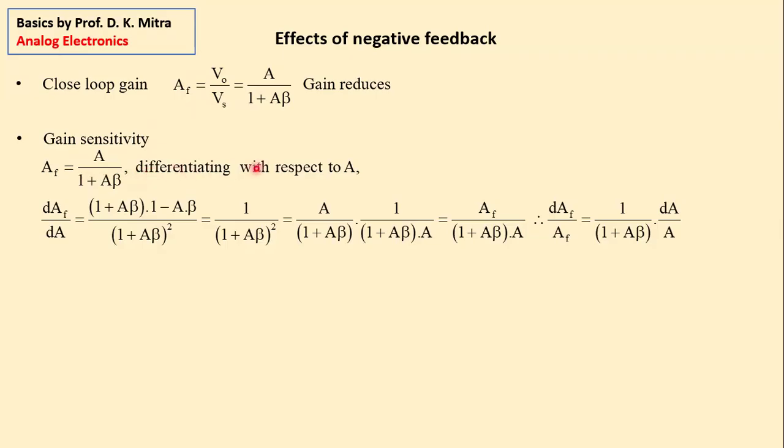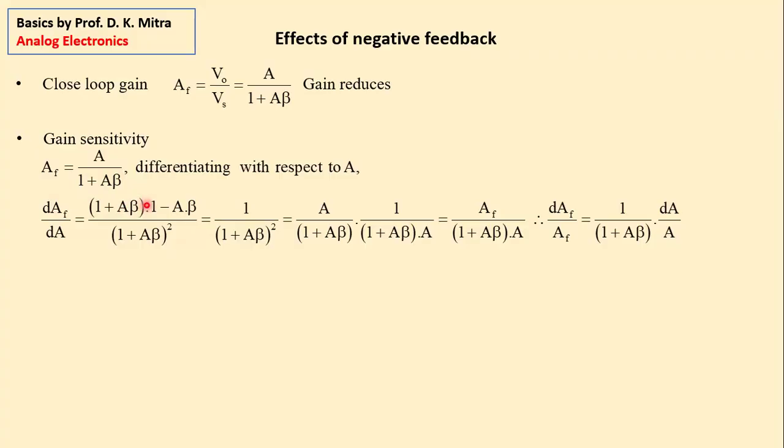Now we differentiate it with respect to A. If you do that, dAF upon dA, this is the normal differentiation of a ratio when both numerator and denominator are functions of A, is equal to 1 plus A beta whole squared in the denominator.